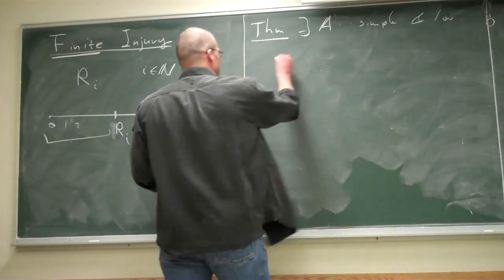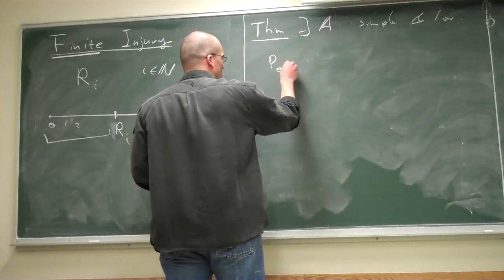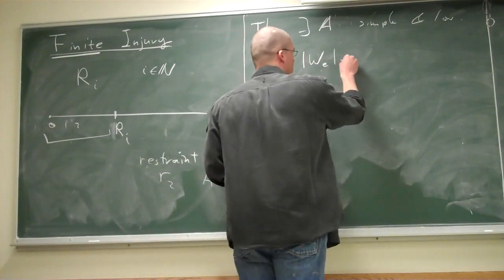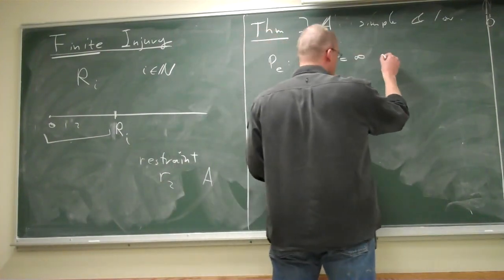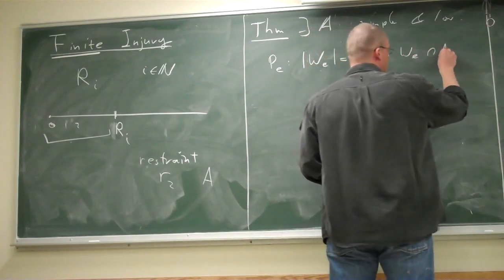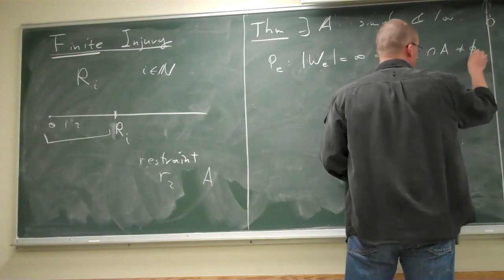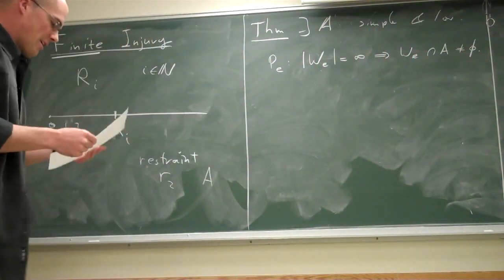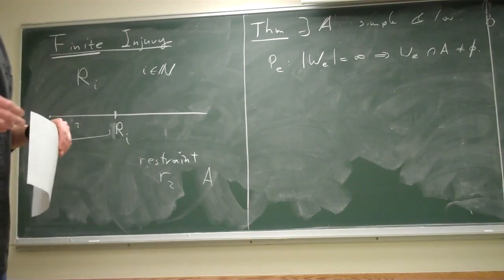Okay, first of all, for simplicity, if W_E is infinite, then W_E intersect A is not empty. Right? That's not quite entirely it.